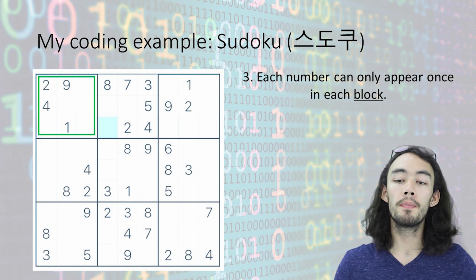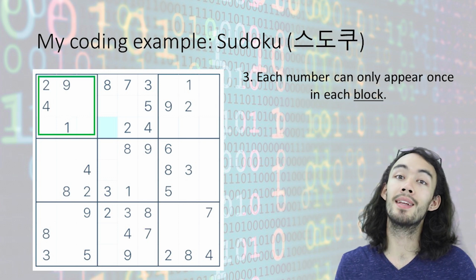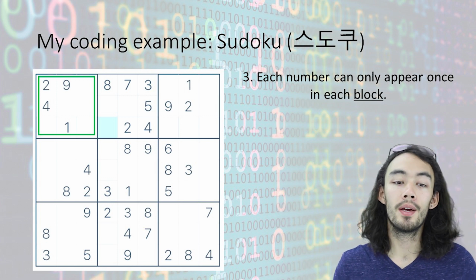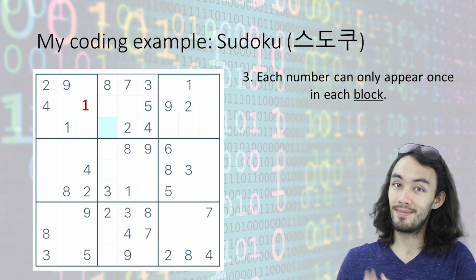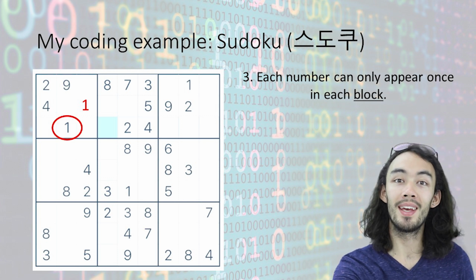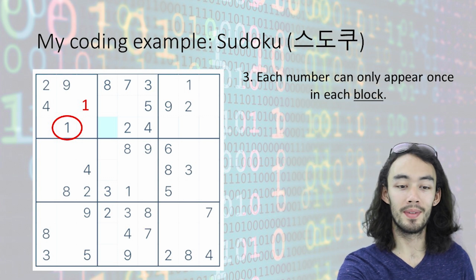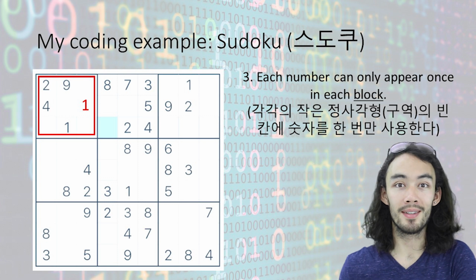And the next rule, each number can only appear once in each block. So if I were to put a 1 here, is that allowed? No, because there is another 1 in the same block, and we can't have 2 1s in the same block.